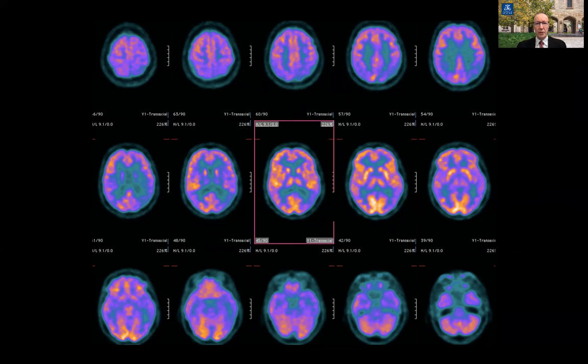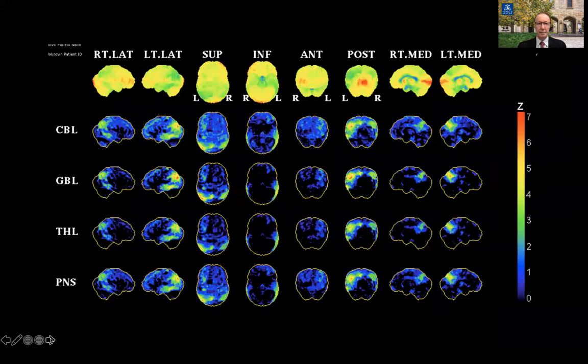Let's have a look at the questions. Sorry, first, here's the Neurostat 3D SSP display showing the areas of decreased metabolism.